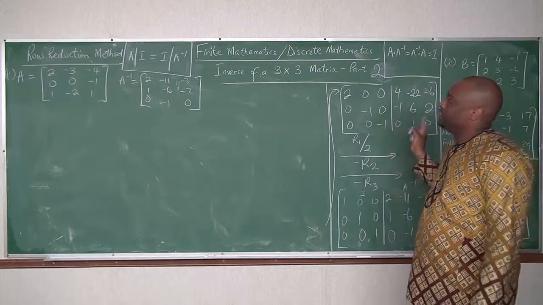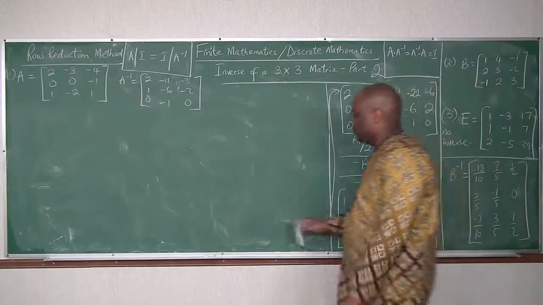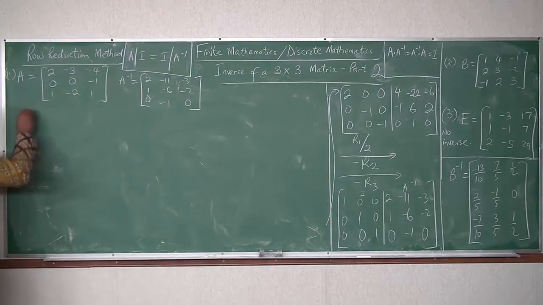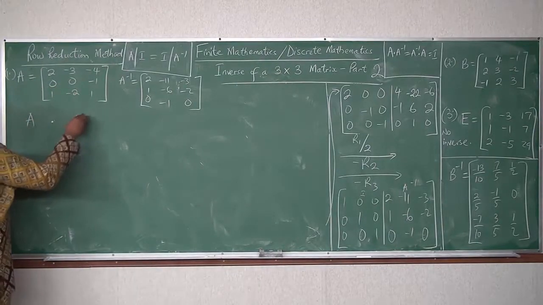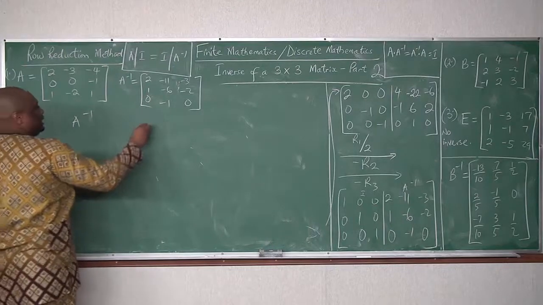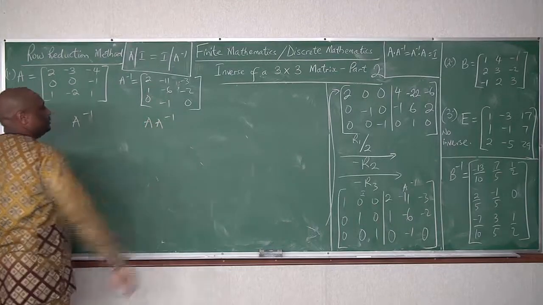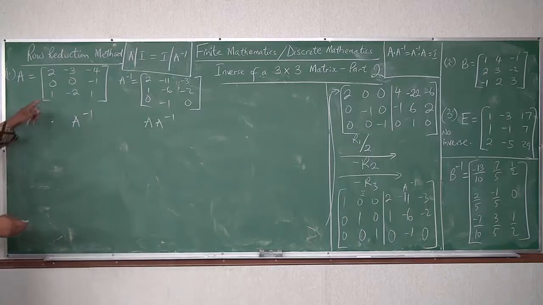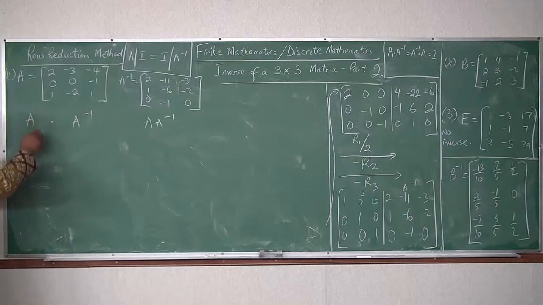This is what we are using to check. So if you want to know whether we are right, we've got to multiply A times A inverse. And that is A inverse. If you also want to do A inverse times A, that's fine. So you see that this is a 2 by 2 matrix, and this is a 3 by 3 matrix, right?